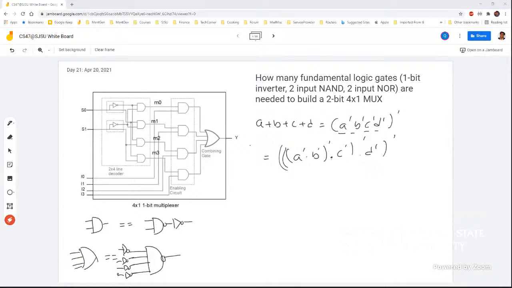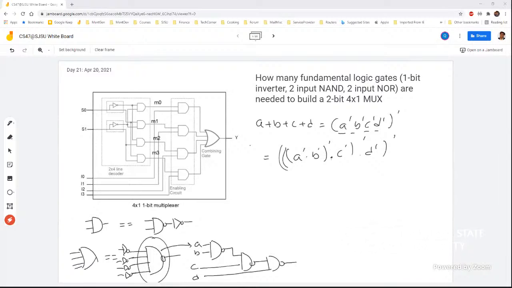And a 4 input NAND, we can possibly do like this. Yeah, something like that.